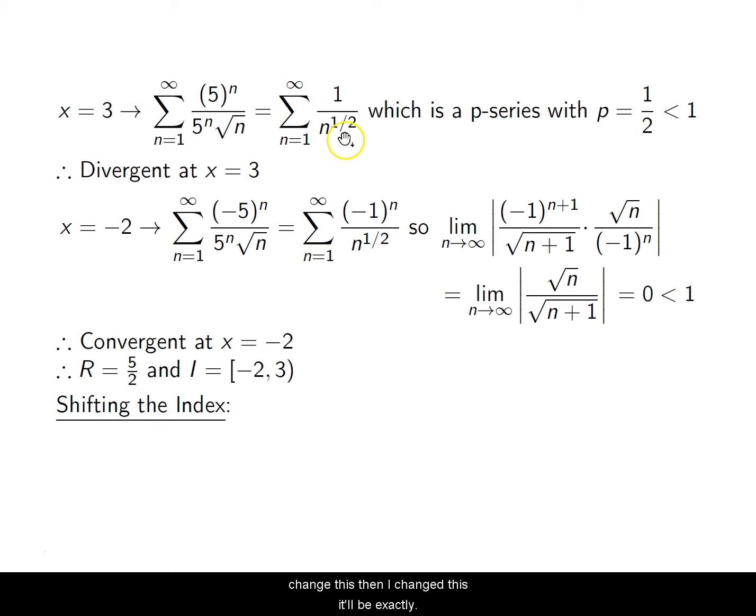So if I change this, then I change this, it'll be exactly the same, right? We kind of saw that earlier when I showed you that n equals 0 was the same as n equals 1 after you take the derivative, right? So we're going to be talking a little bit more about things like that, not that exactly. That's a very, very basic idea of what we're going to go over right now.